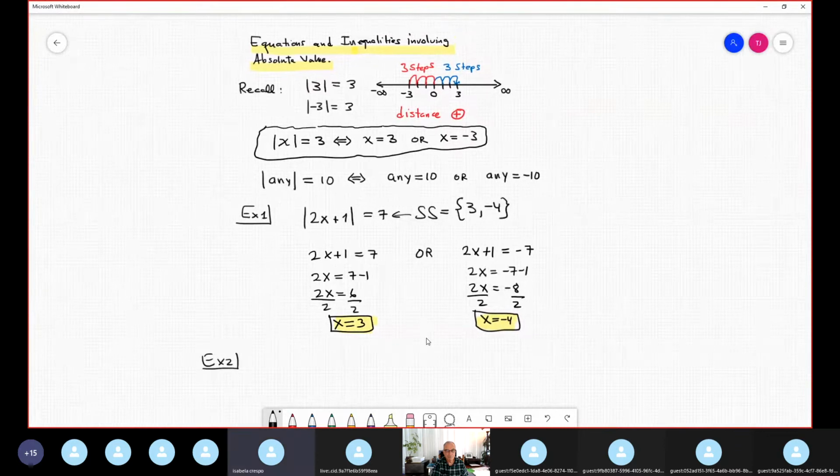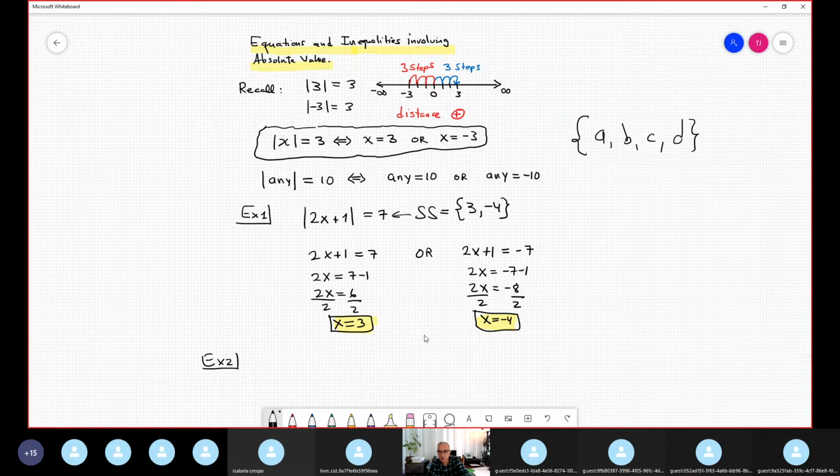For these ones, check it. Braces, not brackets. It's an equation, miss. And when you have an equation, the solution set, you list it. You open braces and list the solutions separated by commas. Braces are for equations, and brackets or parentheses are for inequalities.